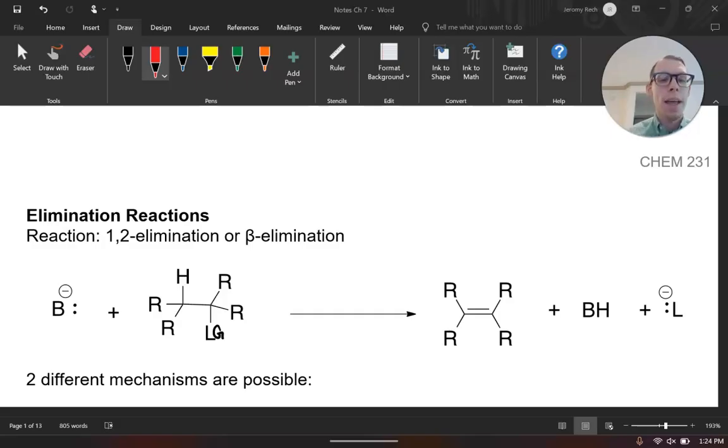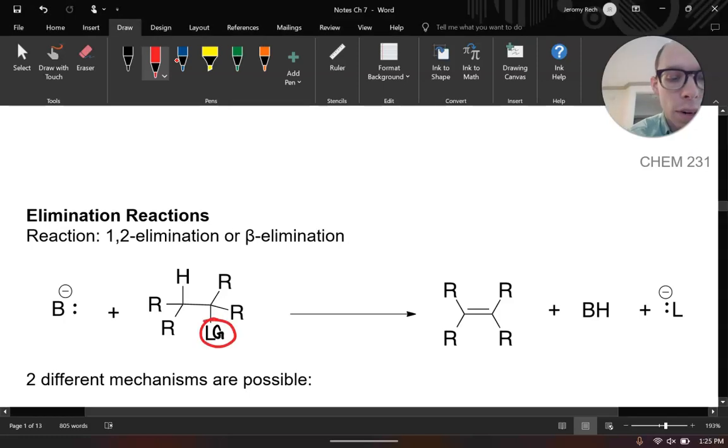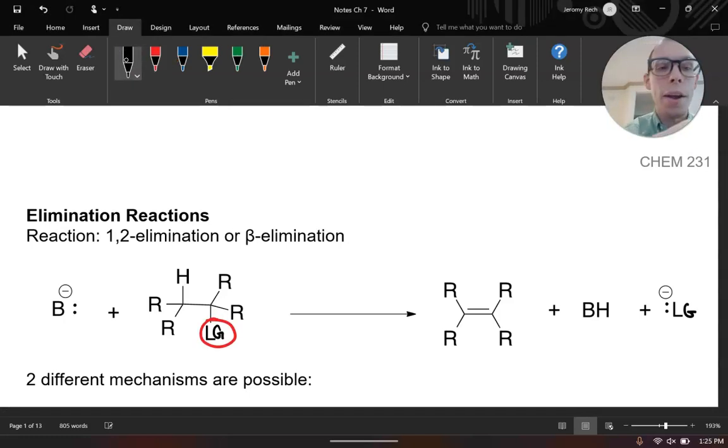But we're going to have a base, and that base is going to interact with our substrate. Our substrate is still going to have a leaving group, for example, G. You're also going to have a proton, and the key thing is your proton needs to be exactly one carbon away from your leaving group. This is where we get that 1-2 or beta relationship.